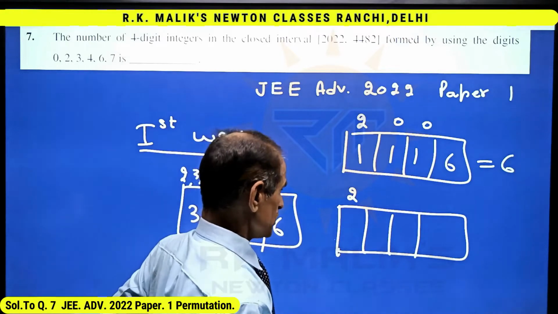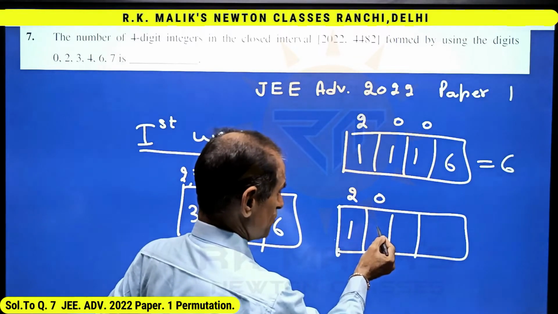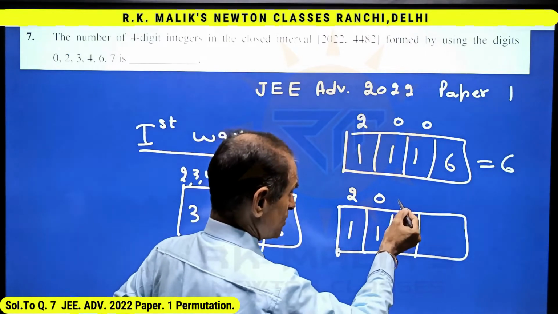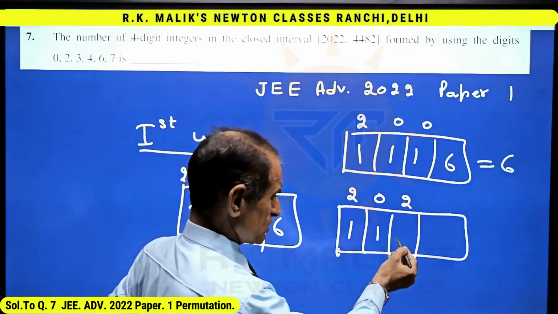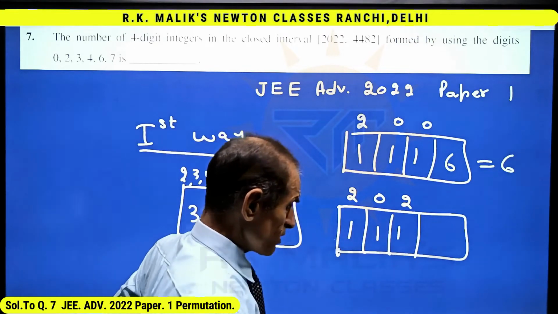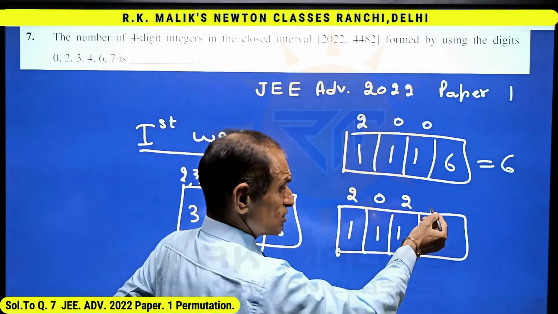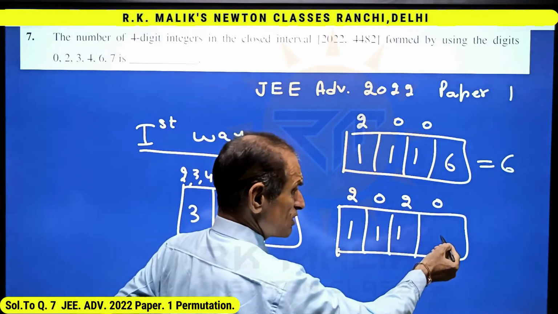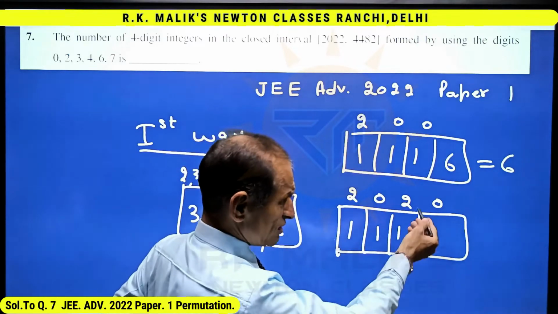And if 2 comes in the first place, one way, 0 comes in the second place, one way, and third digit is 2, that is this place is filled in one way, then the only possibility is 0 comes here, then only the number will be less than this.